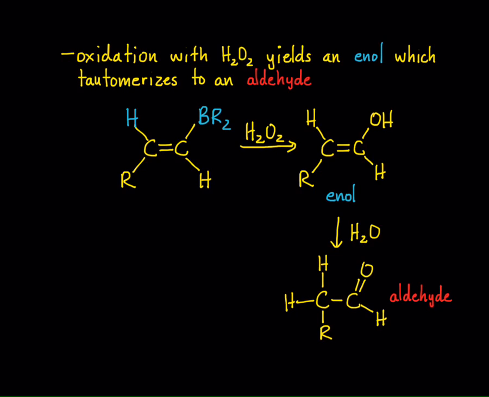So again, this is sort of like an anti-Markovnikov type of addition reaction where the carbonyl is forming on the least substituted carbon instead of the more substituted carbon. Let's look at an example.